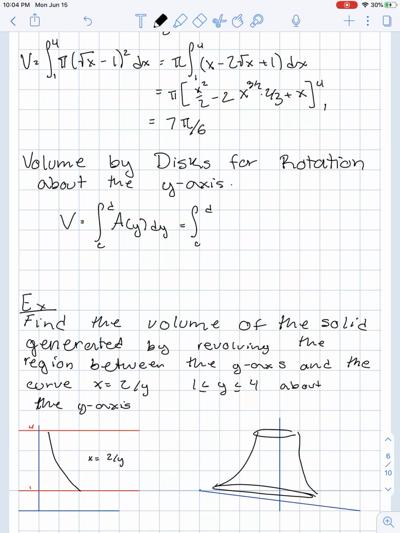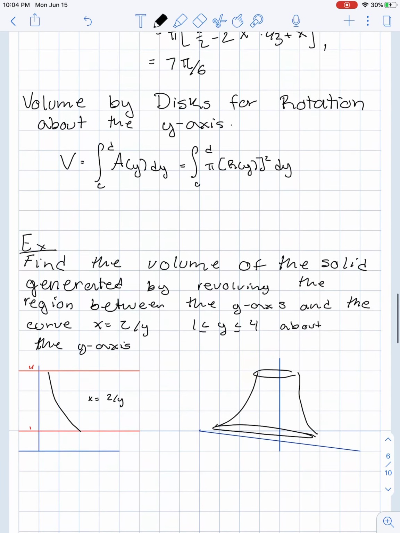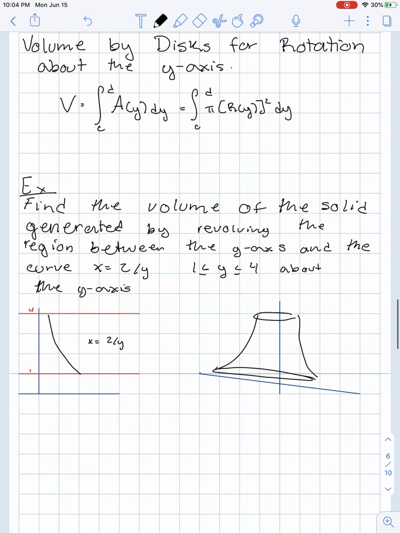So when we rotate about the y-axis, all of our functions are going to be in respect to y. If we're rotating around the x-axis or something parallel to the x-axis, everything's going to be in x values, okay? So let's do an example.